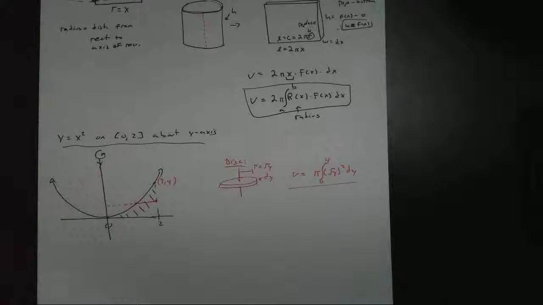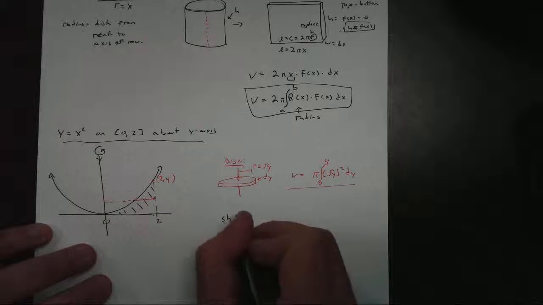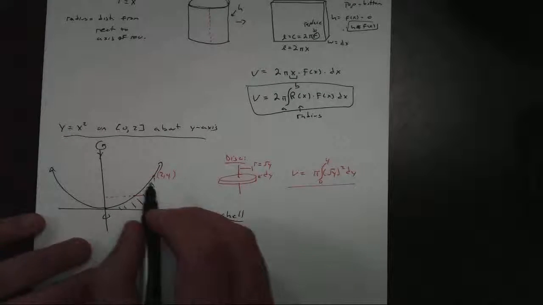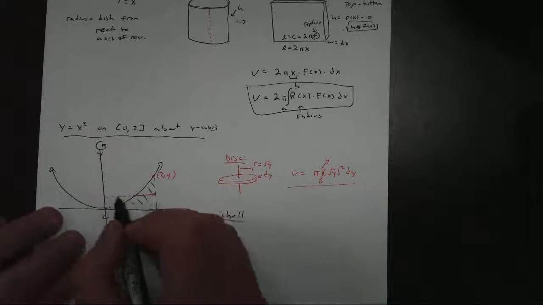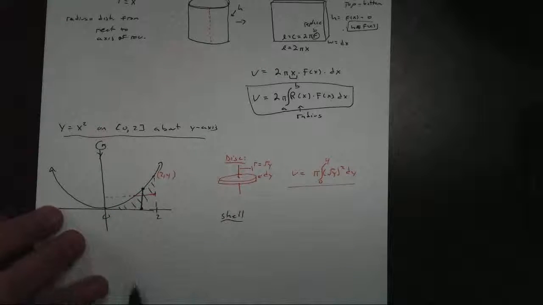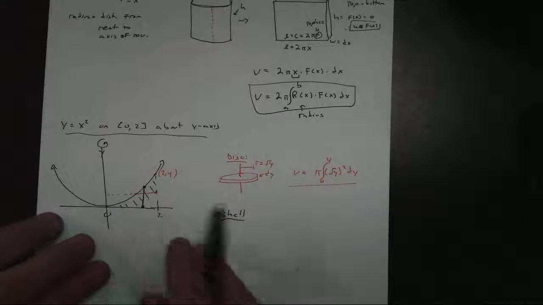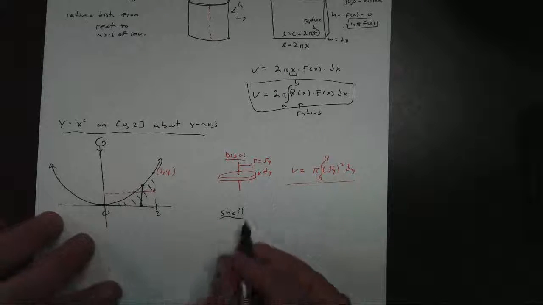But let's take a look at what we call the shell method. Using the shell method, instead of drawing your rectangle horizontal, perpendicular to the axis, we drop it vertical to the axis instead. What's nice about this is I don't have to convert to y. And if I revolve it, we get our shell.